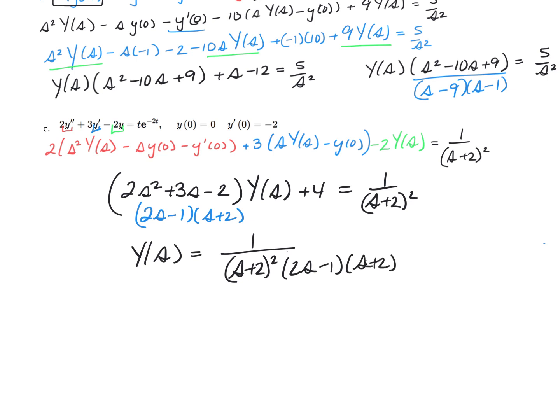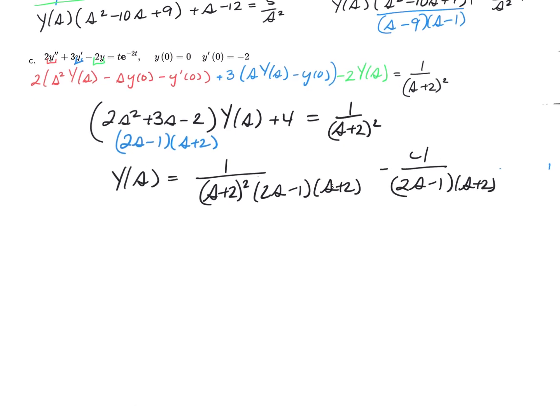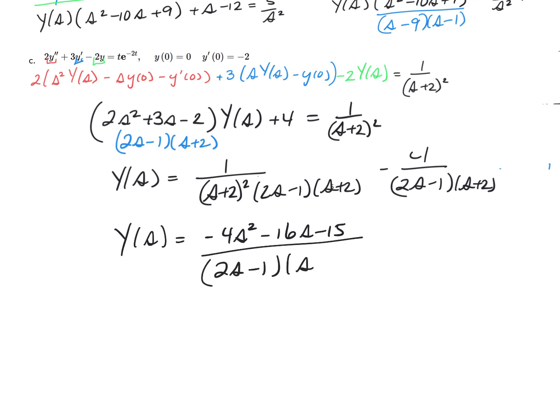So I'll combine those in a minute. Minus 4 over 2s minus 1, s plus 2. And as before, we're going to bring this into a single fraction. So cap y of s is equal to negative 4s squared minus 16s minus 15 all over 2s minus 1, s plus 2, the quantity cubed.